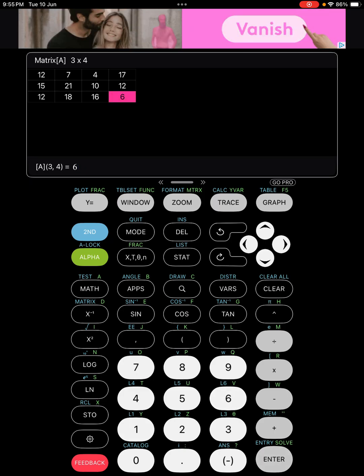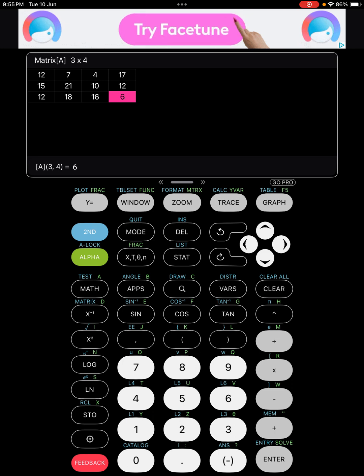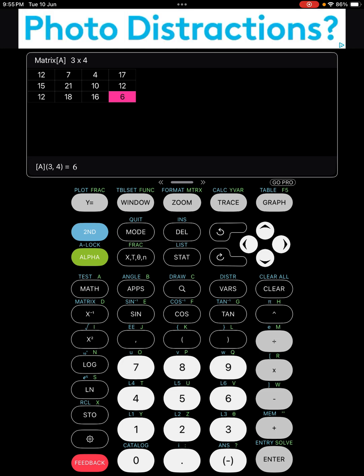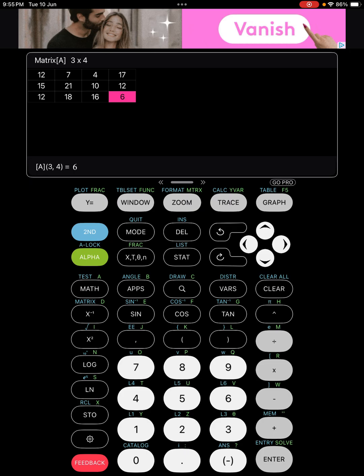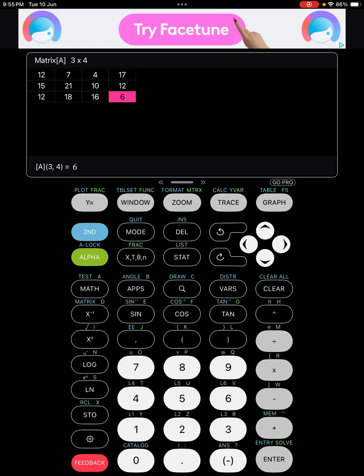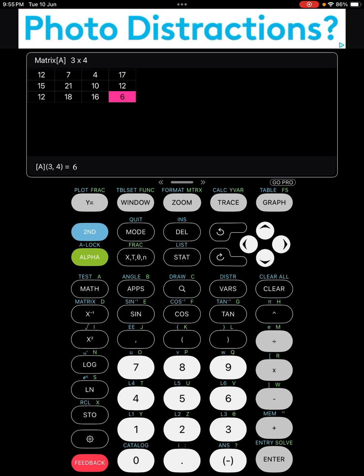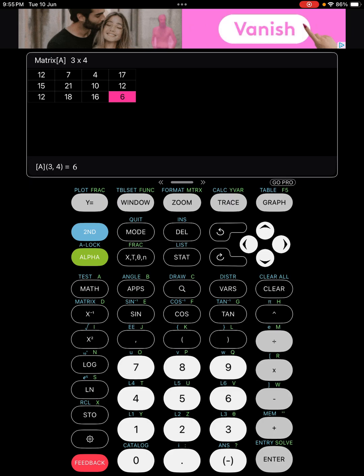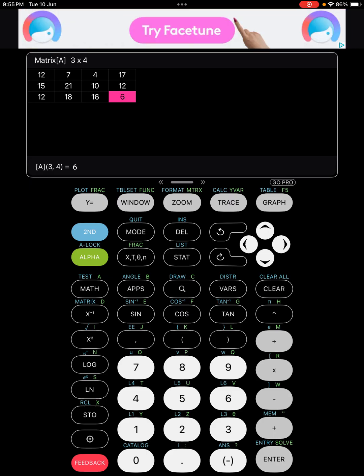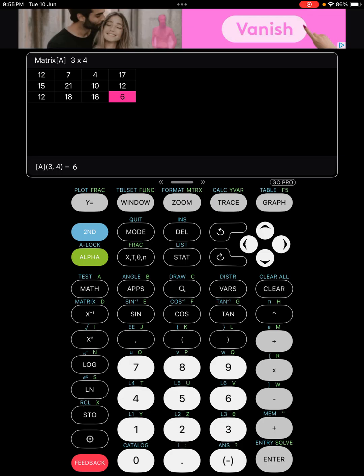Always check the values again after you put this onto the GDC, just to avoid careless mistakes, because this is one of the big common mistakes that students make. They realize they're not getting the correct value and complain, but just proofread. Sometimes it's going to save you some marks.